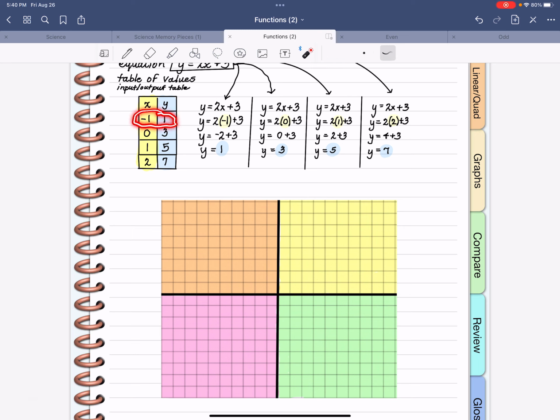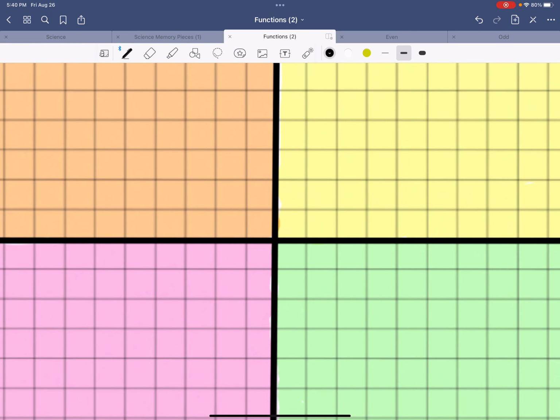It's negative 1, 1. So let me just write it in coordinate form. Negative 1, 1. So that means I start at the origin, I move back 1 and go up 1. So negative 1, 1 is right here. Back 1, up 1.